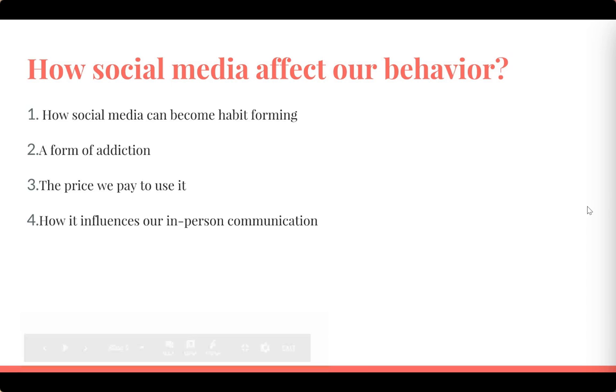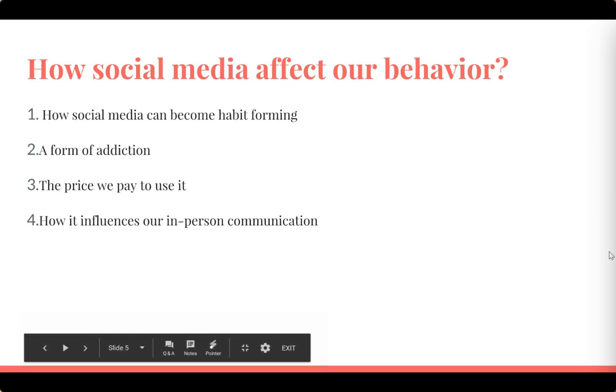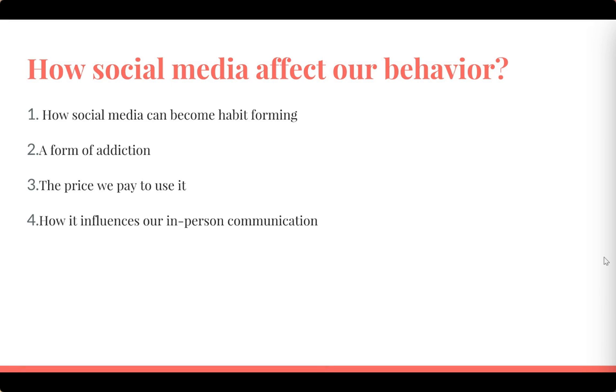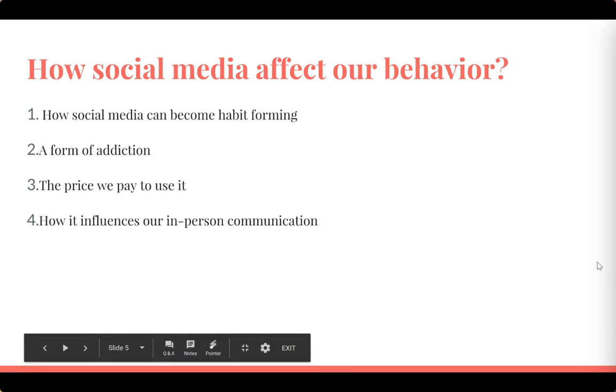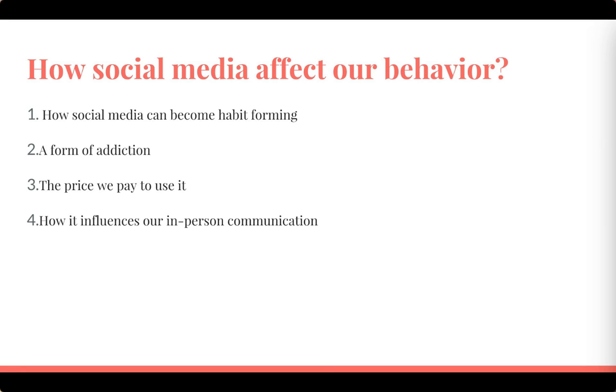Next, I will talk about how social media affects human behavior. First, some people think social media and the internet have negative social psychological effects, especially for younger users. For example, users often make texting and taking incoming calls a priority over an in-person conversation.